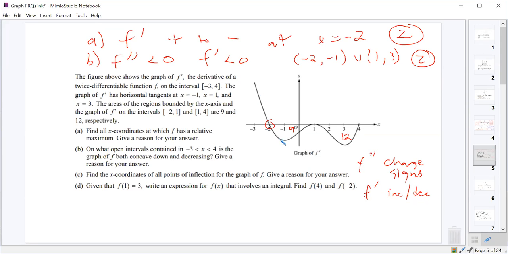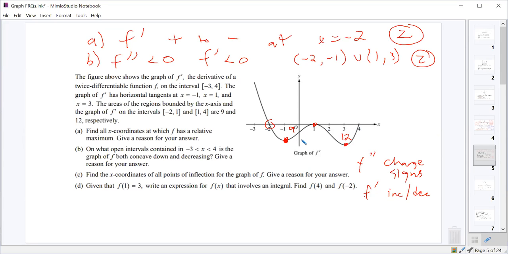So when does f prime change from increasing to decreasing, since that means the derivative is going from positive to negative or negative to positive. So that'd be here at -1, f prime goes from decreasing to increasing. And then again at 1, where f prime goes from increasing back to decreasing. And then down here at 3, where it goes from decreasing back to increasing. So those are all possibilities.